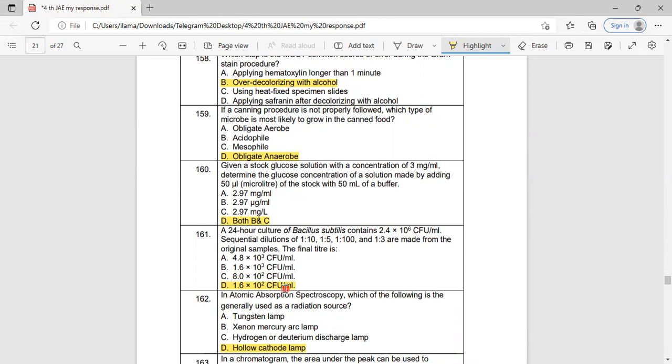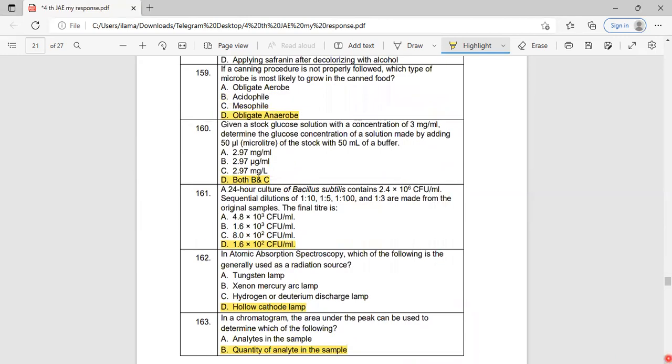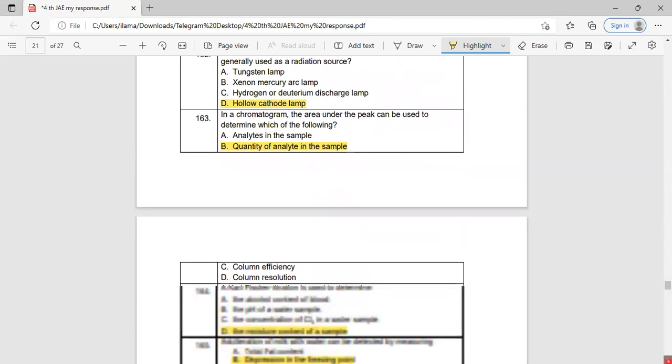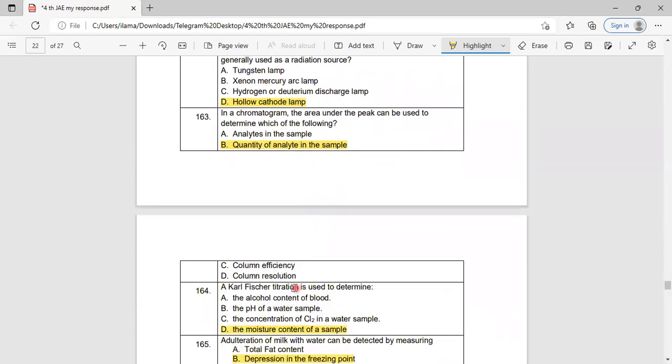In atomic absorption spectroscopy, the radiation source generally used is a hollow cathode lamp. Next, in a chromatogram, the area under the peak can be used to determine the quantity of the analyte in the sample. Next, a Karl Fischer titration is used to determine the moisture content of a sample.